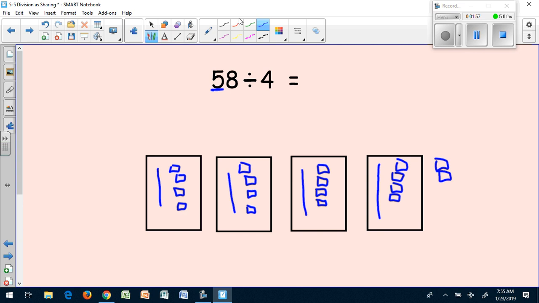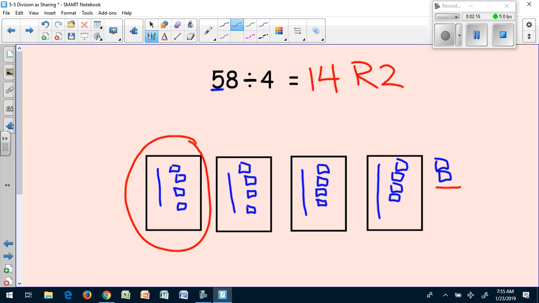To find my answer, I look at what I put in one box plus a remainder if I have one. So I know that 58 divided into 4 equal groups means that each group will have 14 and there will be a remainder of 2. And I got my 14 because here's my 10, 11, 12, 13, 14.